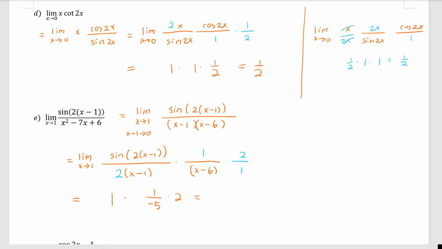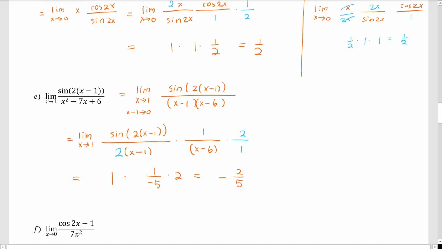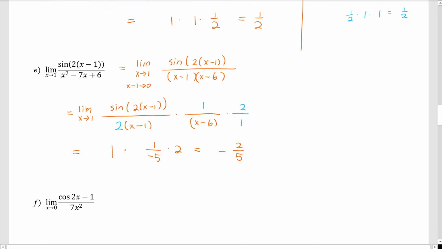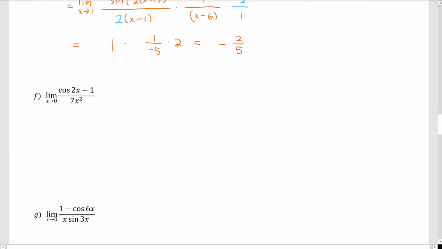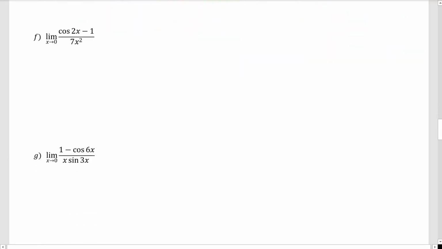And we have the 2, so we have minus 2 over 5. So far, so good, everybody. See, all the problems work in a similar way. As long as you follow the steps and do it step by step, you can get the answer. So, practice more problems and get used to it, okay?